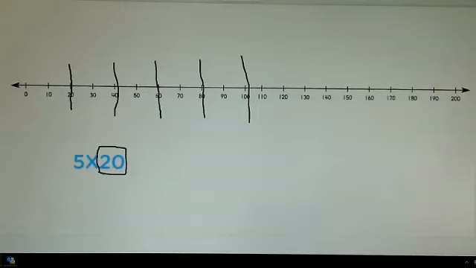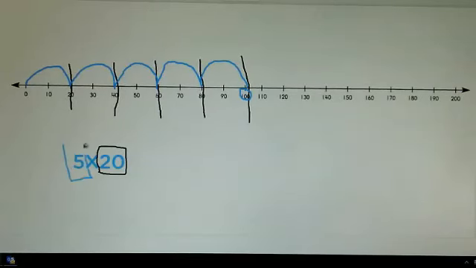So if I'm going to multiply 5 times 20 on a number line, I would have to jump 20 at a time. So there's 1 jump, 2 jumps, 3 jumps, 4 jumps, 5 jumps, and I end at 100. Why did I only go 5 jumps?